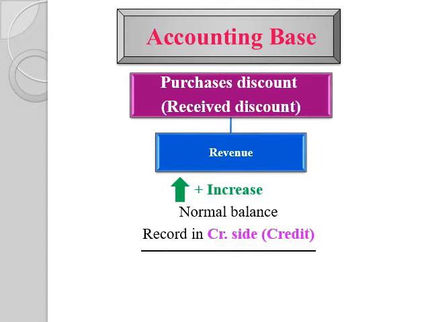Return and allowance purchases, or purchases returns and allowances, normal balance credit because we make a reverse of the account, so purchases debit, so return and allowance credit. Purchases discount or received discount normal balance is considered revenue and therefore credit.